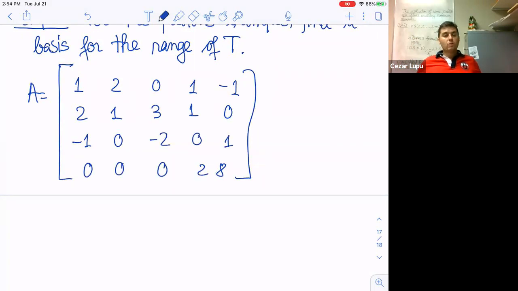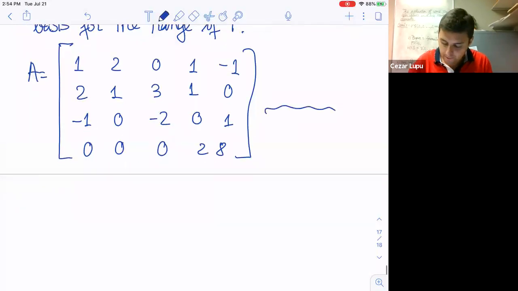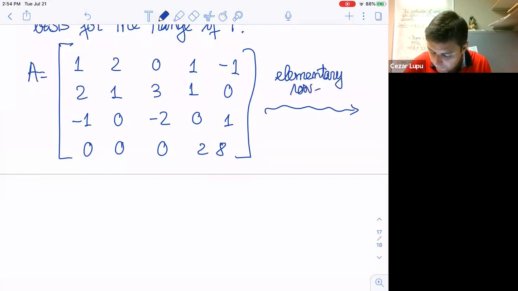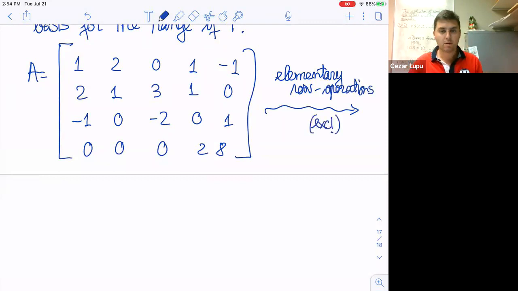It's quite easy to see: if you do elementary row operations on this matrix, just the usual stuff, I'll leave it to you as an exercise. When I say I'm leaving this to you as an exercise, I hope you do it, because it's very good practice for the exam.